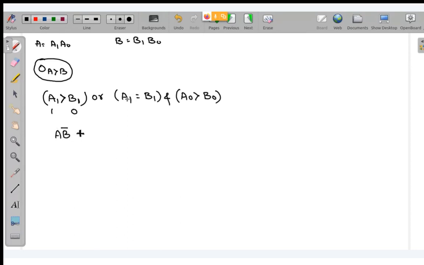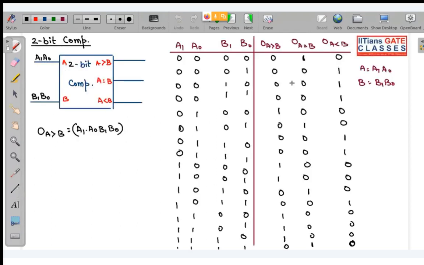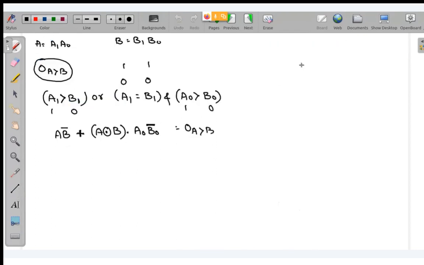And here either this will be 0 0 or 1 1, so I can write A1 XNOR with B1, and dot, A0 greater than B0, means A0 will be 1, B0 will be 0. So this I can write A0 B0 complement. So this will be the output of A greater than B. Tell me if this is clear or not. Is this clear? So without even solving and doing all these things, we have written it like this.